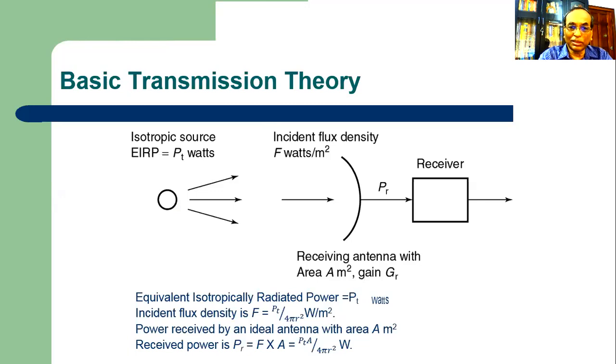So the flux density F is equal to PT divided by 4 pi r square watt per square meter.